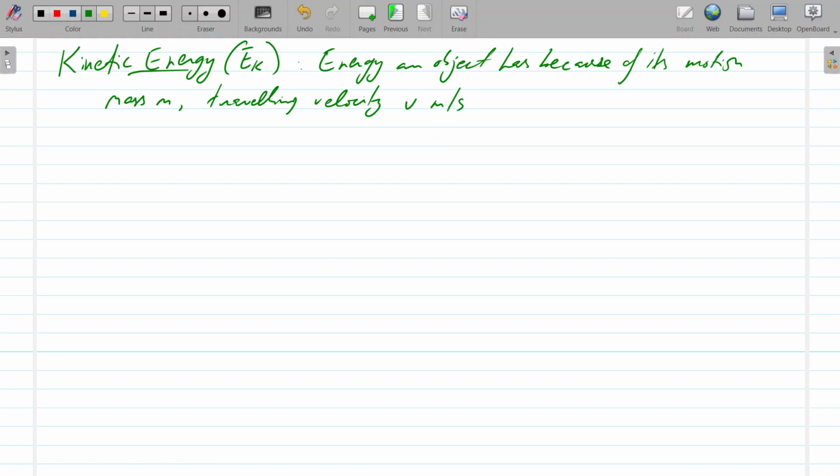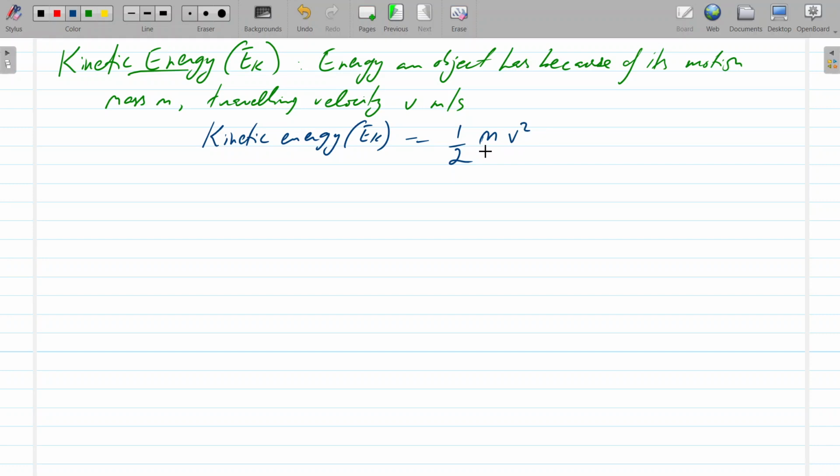And so the formula for kinetic energy, again EK. You don't have to write EK over and over again, but I'm writing it so that it becomes clear to you that EK means kinetic energy, and the formula for that is half m v squared, where m is the mass and v is the velocity.